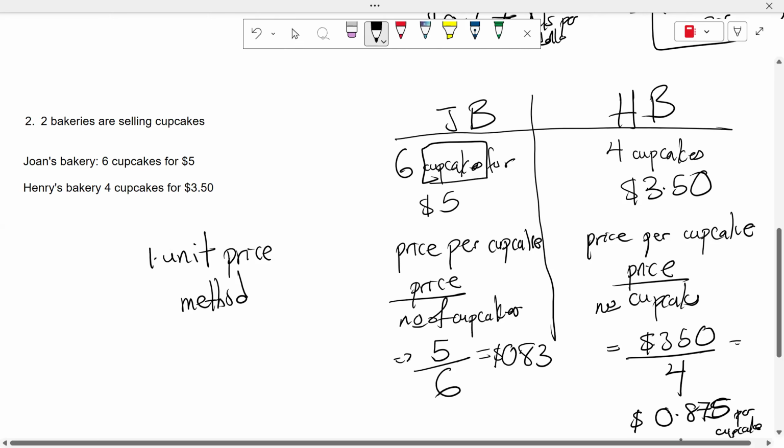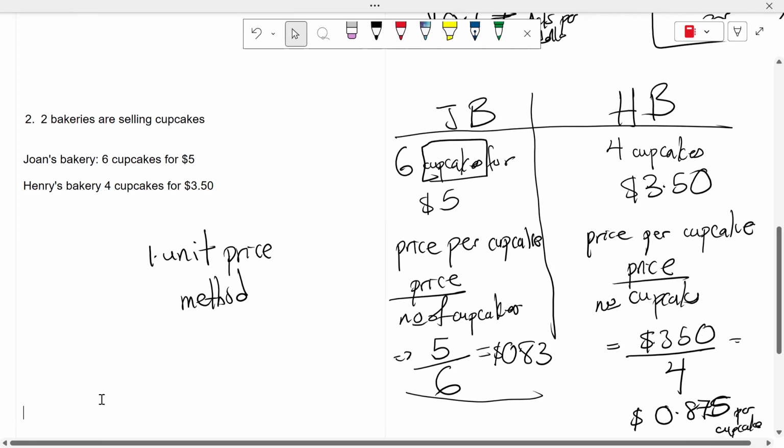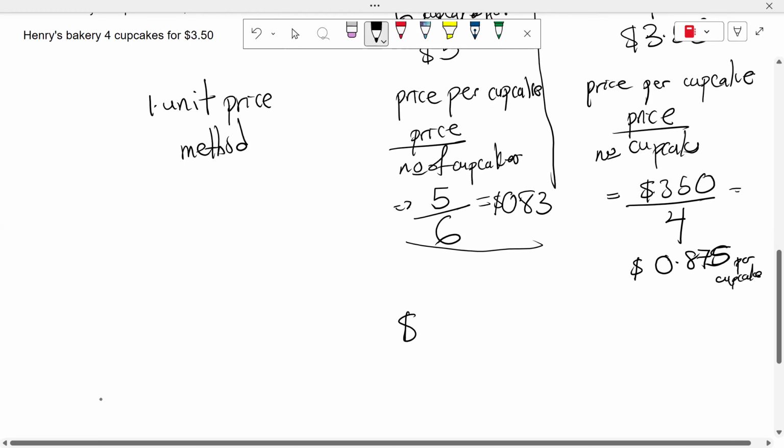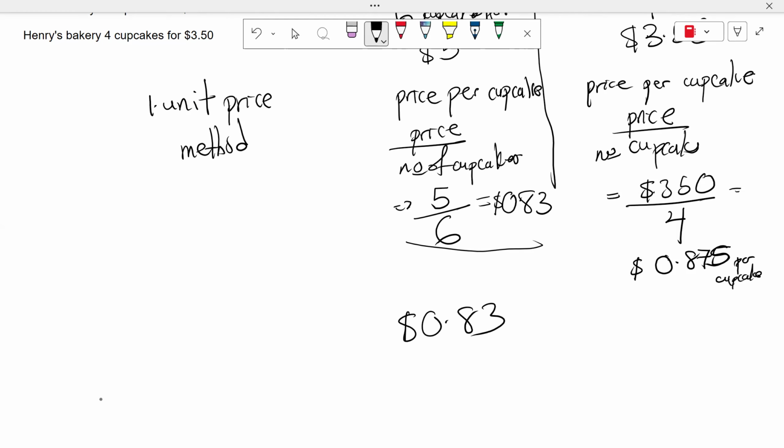So if you compare this now, which one is approximately the better value? Which one are you spending less on? It's going to be Joanne's Bakery, because for every cupcake you're spending roughly $0.83. And for Henry's Bakery, you're spending $0.875 per cupcake.